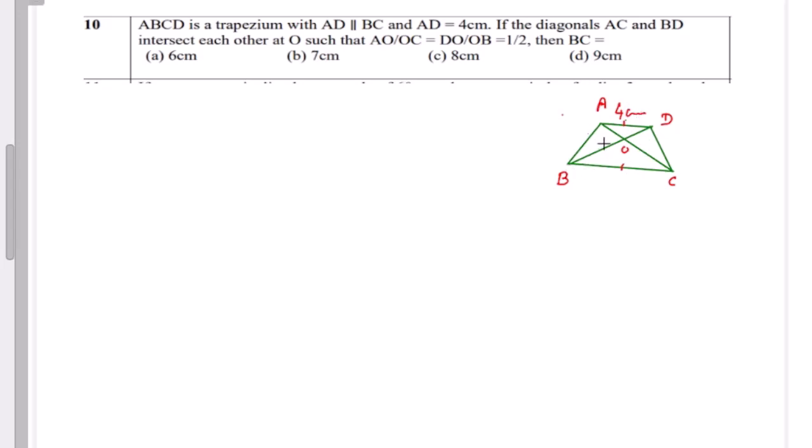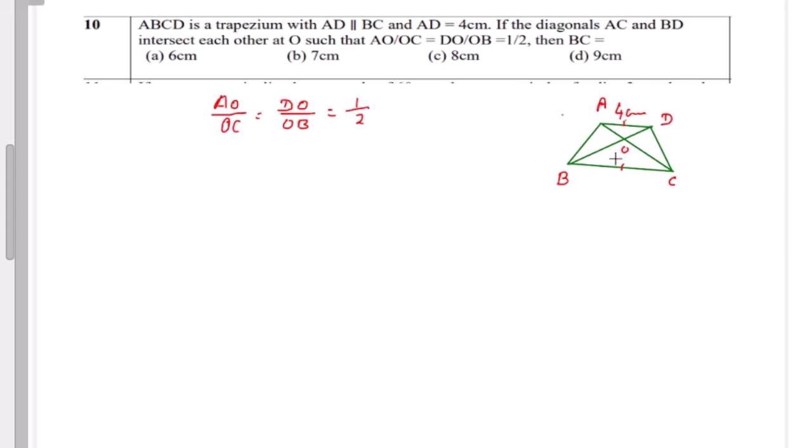If the diagonals AC and BD intersect each other at O, and AO by OC is equal to DO by OB is equal to half.